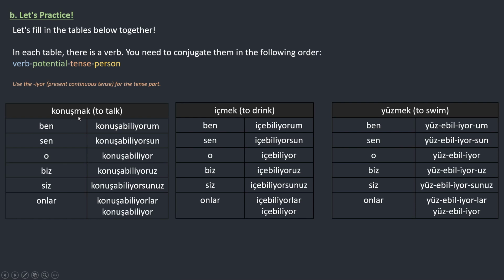Just take a look at the last letters. There's ş, there is ç, there is z. These are consonants. I use these examples on purpose because with verbs that end with a consonant, we only insert the abil part.